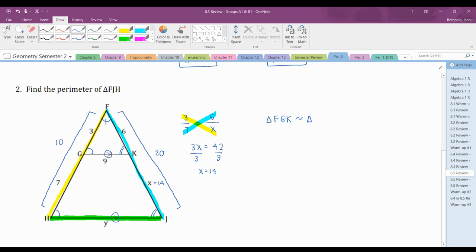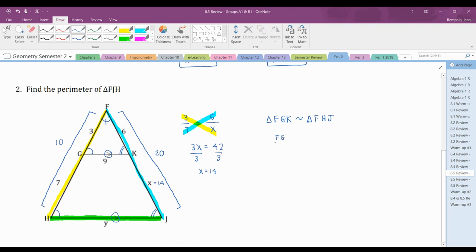Now, F is congruent to itself, so I have to keep the F's in the same spot. G is marked with 1 marking, and so is H, so they need to go in the same spot. And notice that K and J are marked the same, so they need to go in the same spot. Okay, so because I have similar triangles, I can set up ratios of corresponding sides.